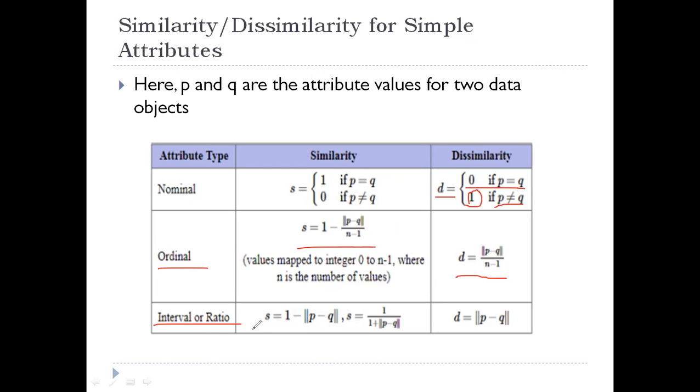Here the similarity is calculated by S equal to 1 minus norm of P minus Q. We have one more formula, that is S equal to 1 by 1 plus norm of P minus Q. And coming to the dissimilarity function, D equal to norm of P minus Q. These are the different equations for measuring the similarity and dissimilarity for nominal, ordinal, and interval attributes here. Right?